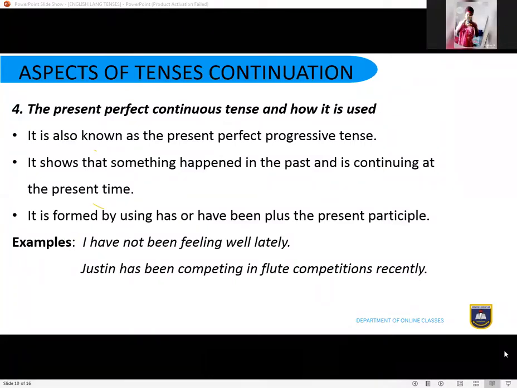The second one is the present progressive or continuous tense. And then the third one, the present perfect tense. And then the fourth one, which we are yet to do, is the present perfect continuous tense.